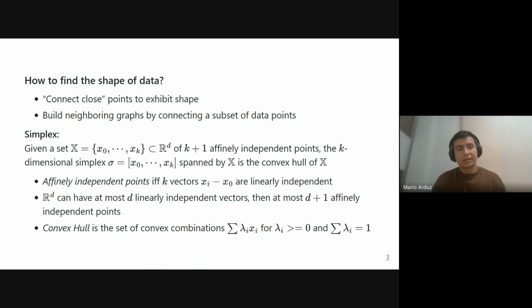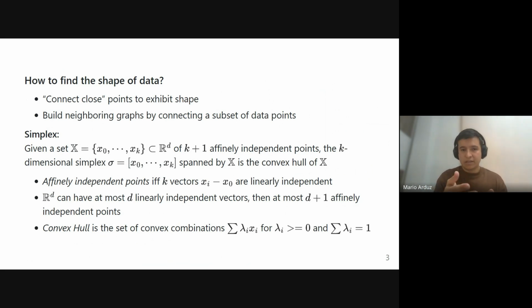If we think about an example in 2 dimensions, and we take 2 vectors that are different, we know that with these 2 vectors we can span all the possible vectors in the space of the plane.